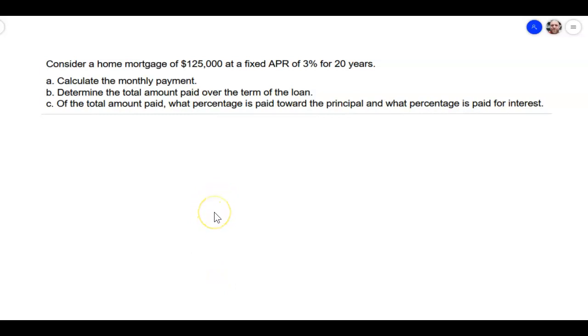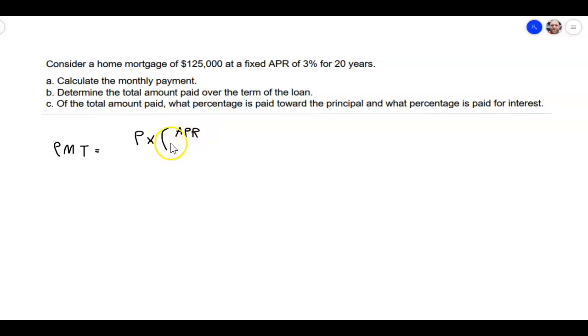So the formula for the payment is on page 245, and it looks like this. The payment, PMT, is going to be equal to the principal times the APR.